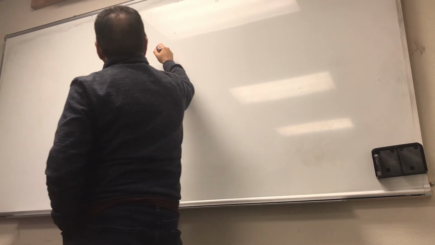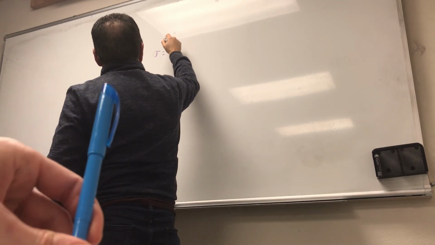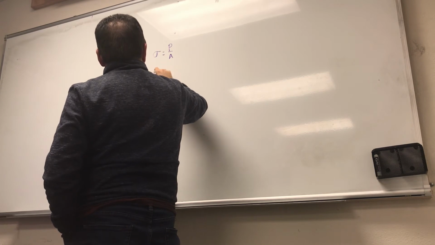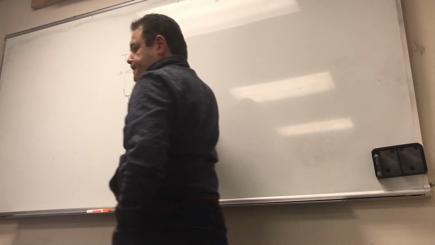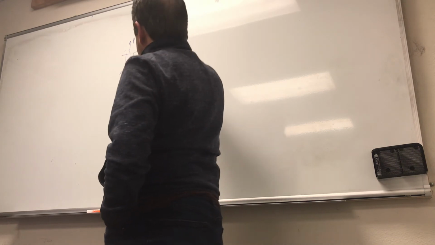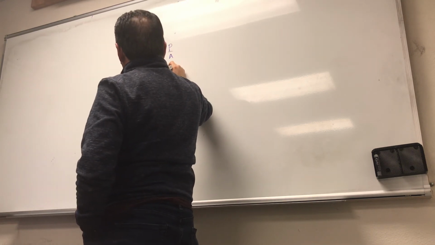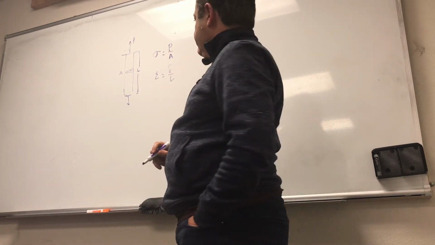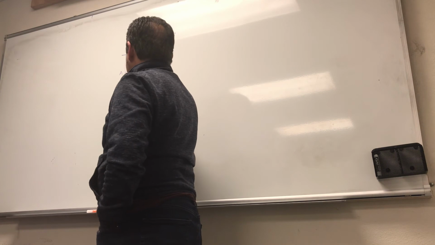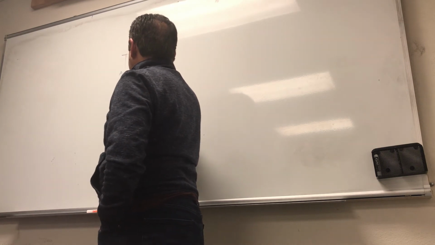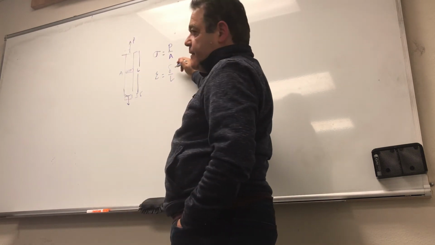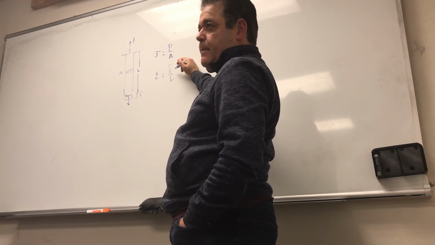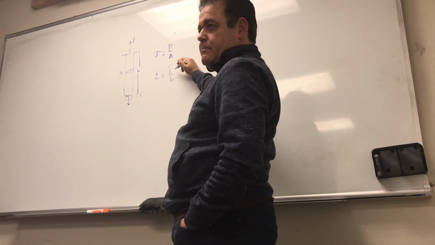So what is the stress in here? Stress is P divided by A, and then epsilon, which is the strain, is the deformation divided by the original length, delta L over L, right? And if this is linear, what equation should it satisfy? Hooke's law, right?